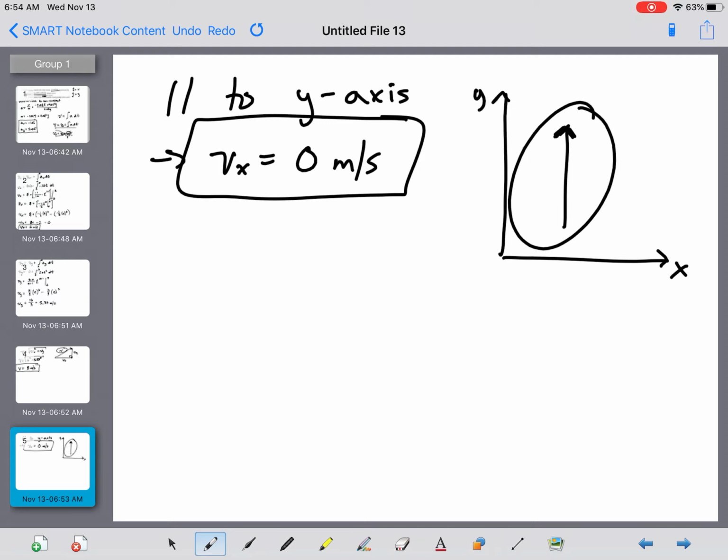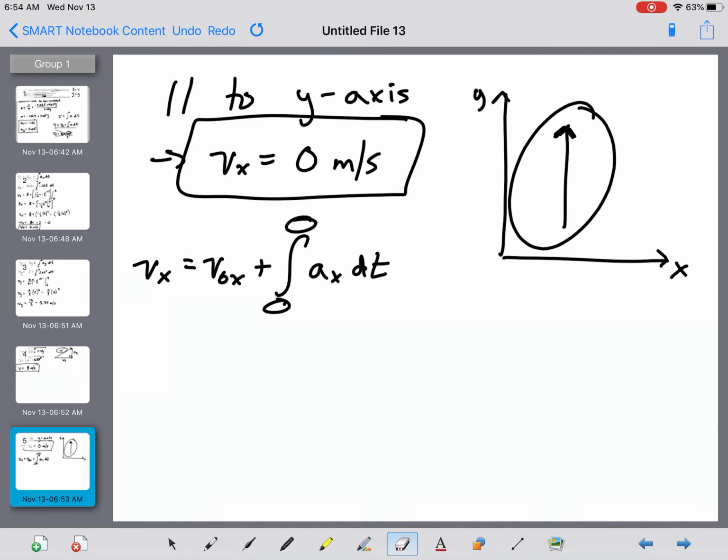So what we end up getting here is we need to take, again, the velocity vector. So velocity in the x is equal to initial velocity in the x plus the integral of the acceleration in the x dt. Now what we need to think about here is, where is this time? So this is where our initial conditions come in.